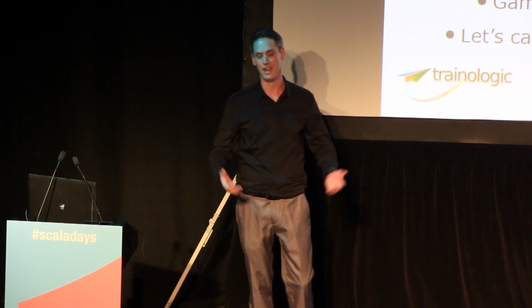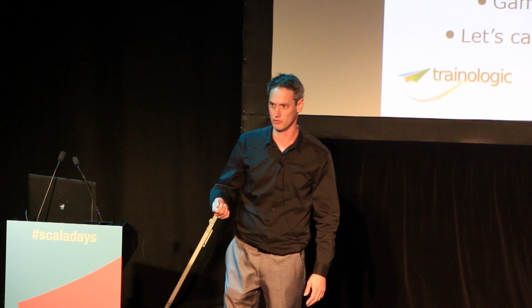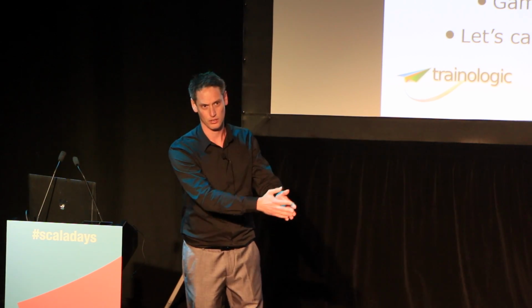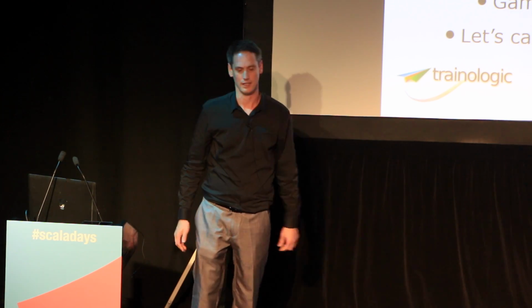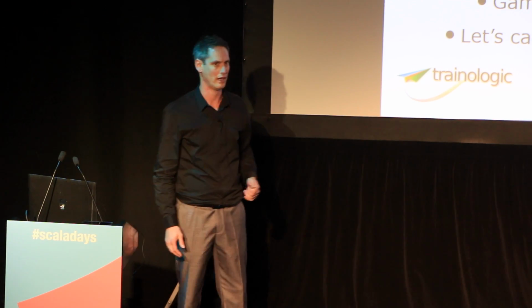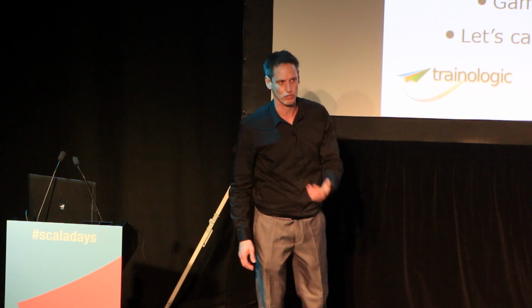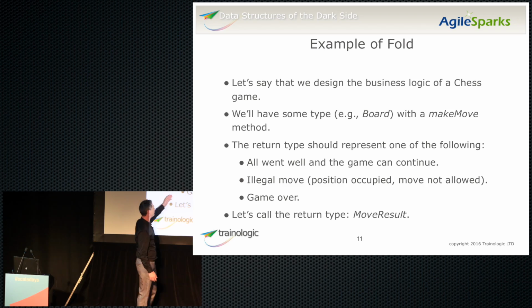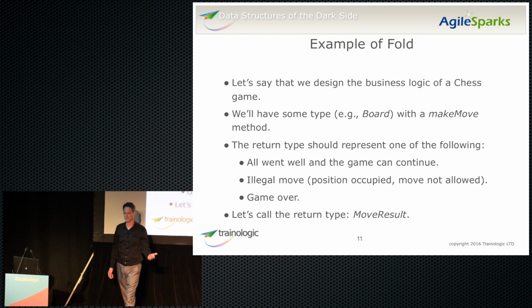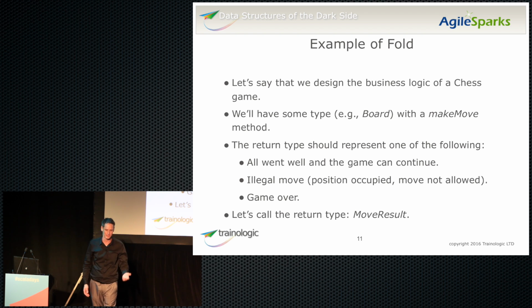You cannot encode everything in the type system. So for example, I make a move, but there was a check on the king. So I can't do that move, or I move my knight over the board, or I move to a position which is already occupied. So illegal move may happen. So I can use a try, use an either, something like that.